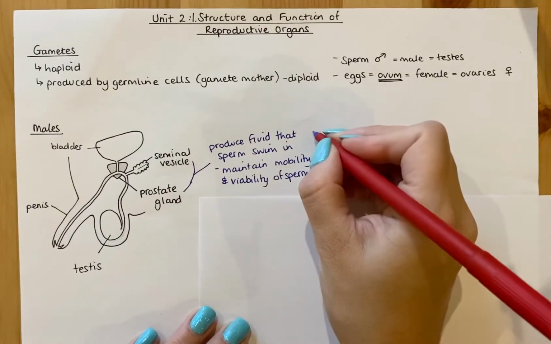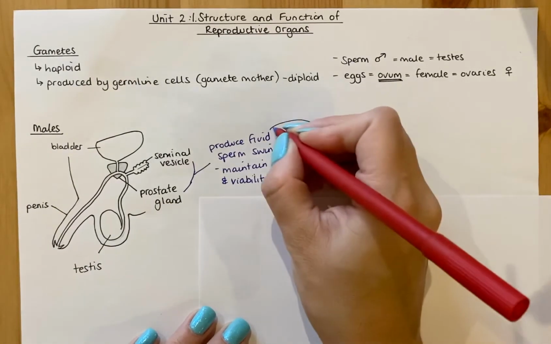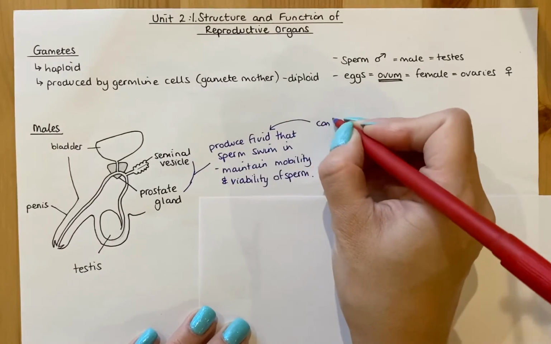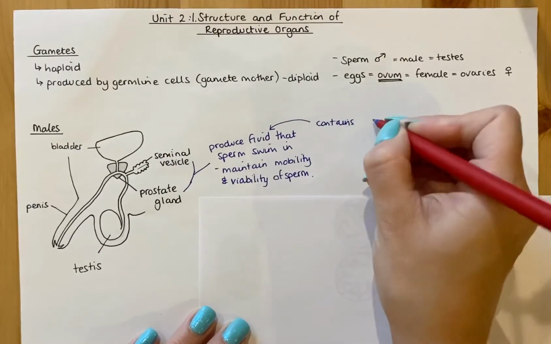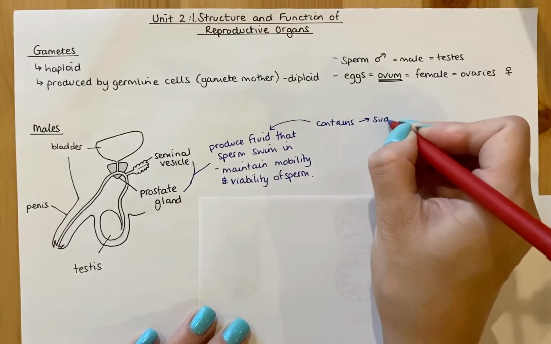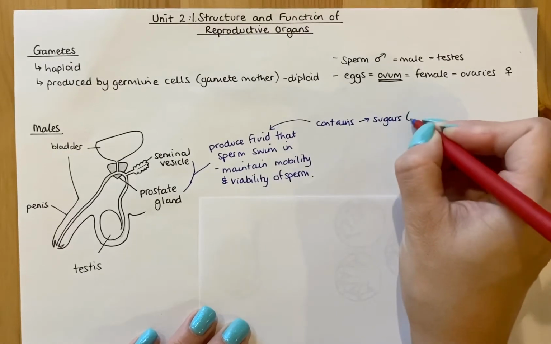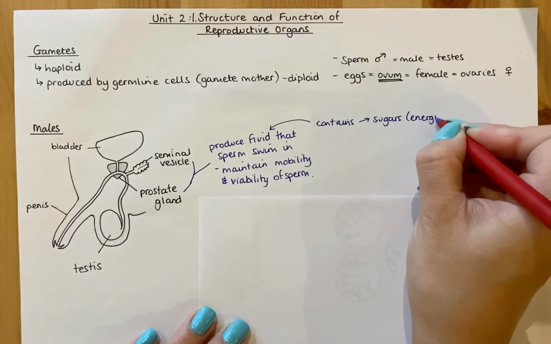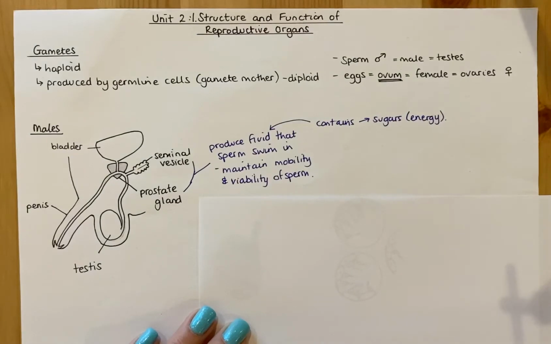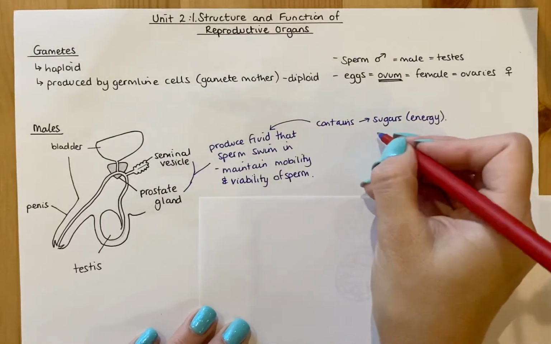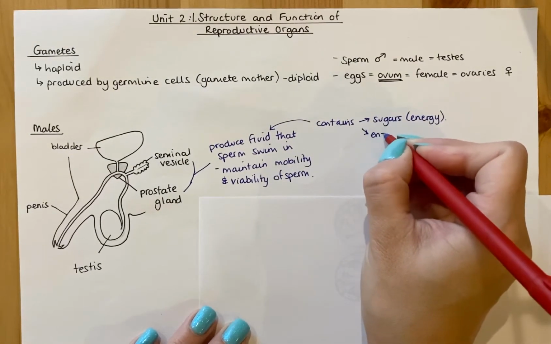Now they do that because that fluid contains 2 things. The fluid contains sugars, which provide energy. So that makes the sperm viable, and it allows them to move and swim. And it also contains enzymes.